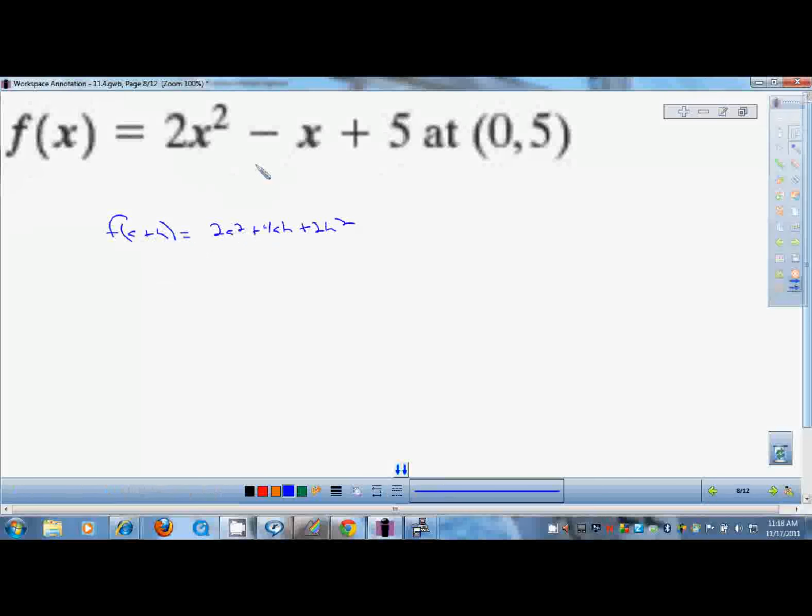Then it should have been minus a plus h, which would have made it minus a minus h plus 5. When this distributes, if you got +1, please make sure both of these were minus signs in your original f of a plus h, because when it's minus this, then that negative will distribute.